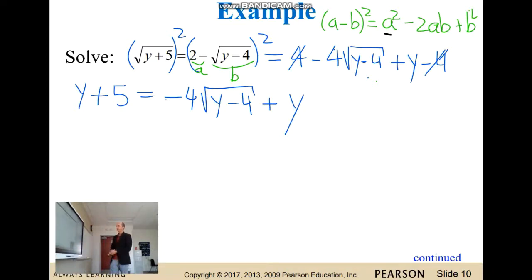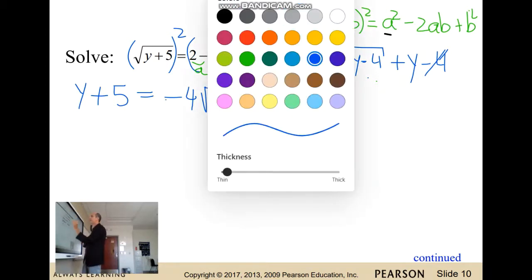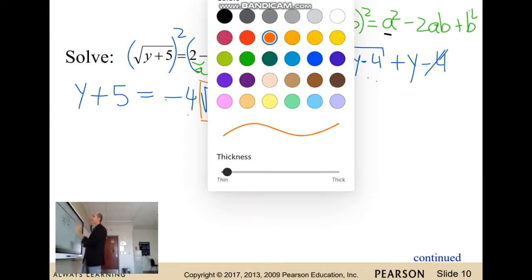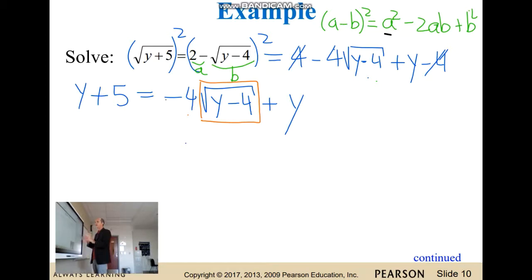This remains. And actually now we remember the step by step. We need to isolate this radical now, and do the same thing. The first step is to isolate the radical, the second step is to raise both sides of the equation to the same power. And let's do it right now.